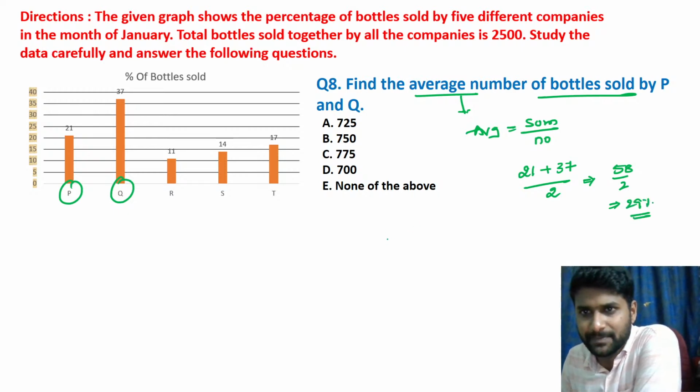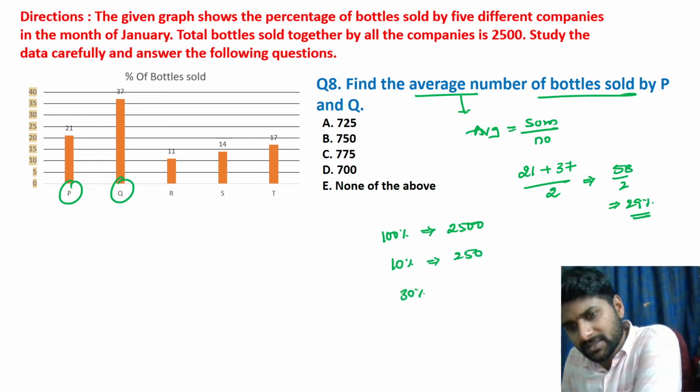The 100 percentage value is exactly equal to 2500, so 10 percentage is 250, and 30 percentage is 750. Now 30 percentage minus 1%: 750 minus 25, so the value becomes 700.